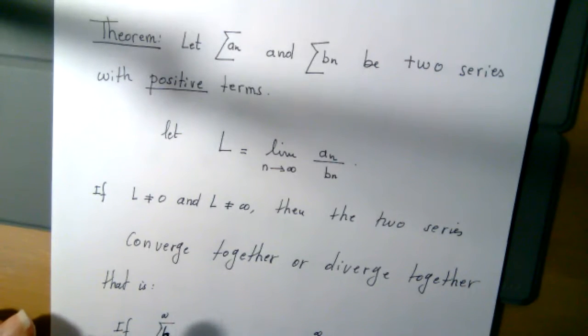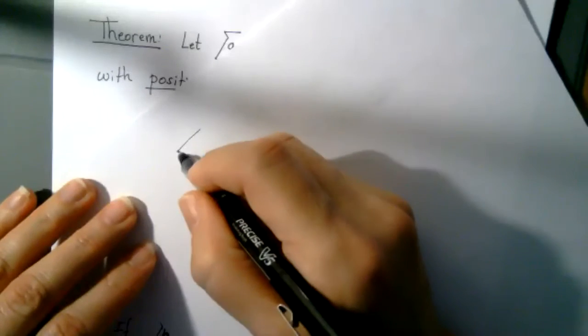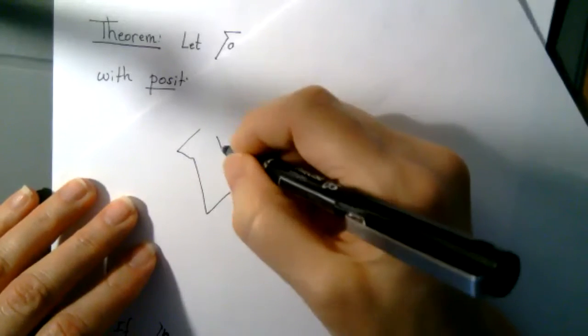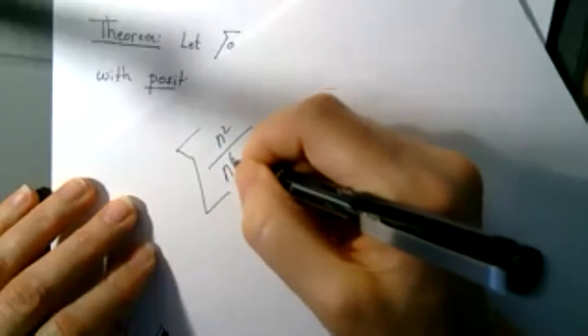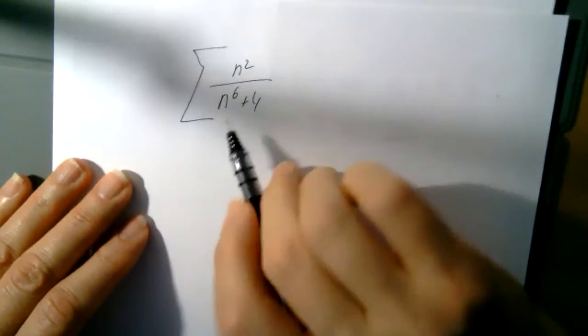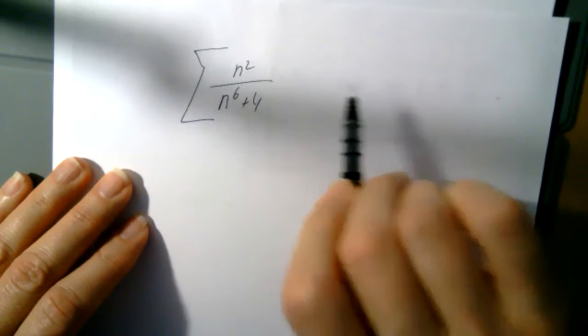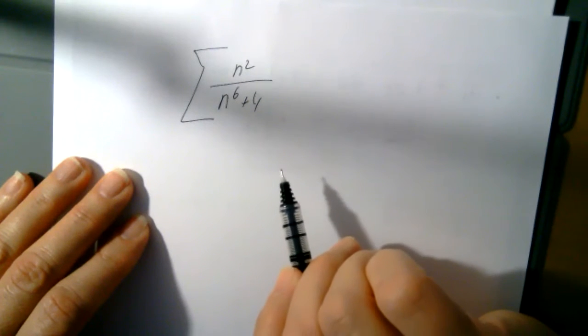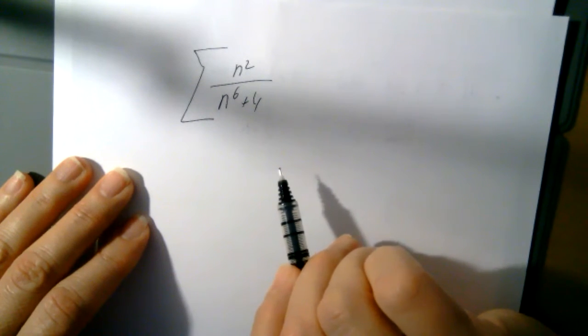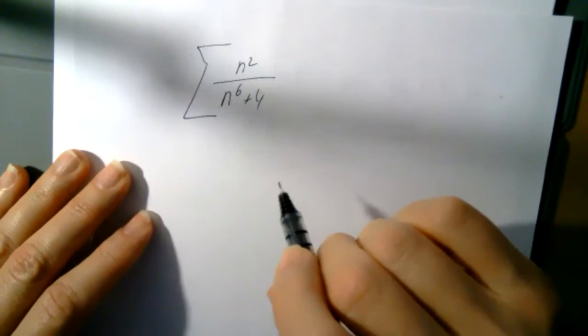The idea behind this technique is, if I give you a series like the one I just gave a minute ago, we want to try to compare it to a series whose behavior I know, and then go from there. So what is this mathematical idea that helps me compare what I have to something I know?